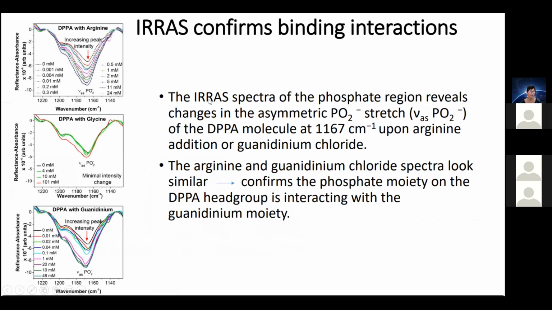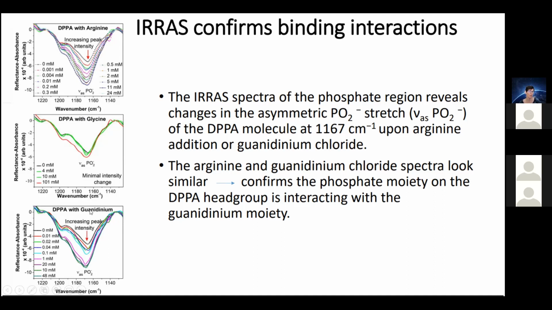But we always then use either sum frequency or infrared or both. In this case, we used the infrared reflection, and we looked at the phosphate on that lipid, and we watched the increase of the phosphate mode, the asymmetric PO2 mode, with concentration increase of arginine. Then we compared it to our controls: the glycine, not much change, and the guanidinium, which is the other end of the arginine.